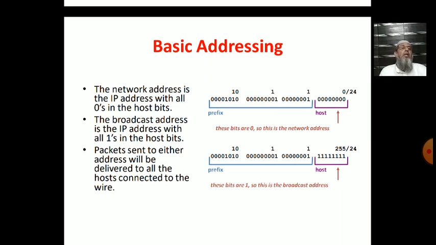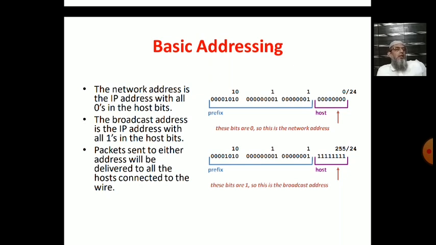And the next part, 10.1.1.255/24, shows the host bits all ones on that particular node. So this is the broadcast address. All the ones in the host bits show the broadcast.